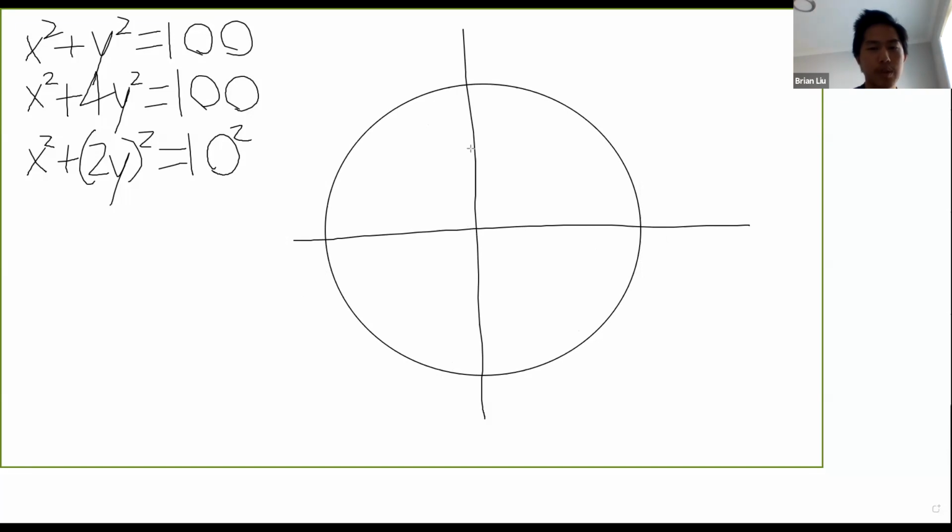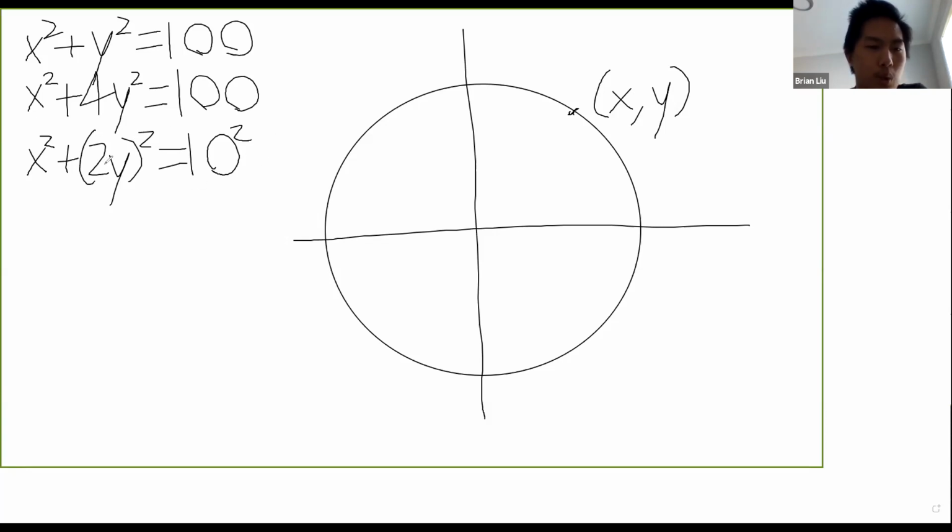And now we have that instead of x and y, if the point x, y solves the original equation, x squared plus y squared equals 100, then how do we get a corresponding point that satisfies this new equation?